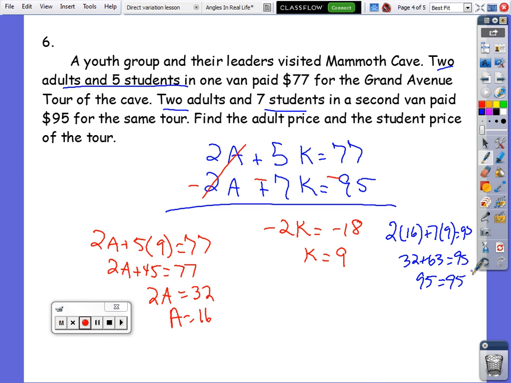So you can see that the adult price is $16 and the student price is $9.